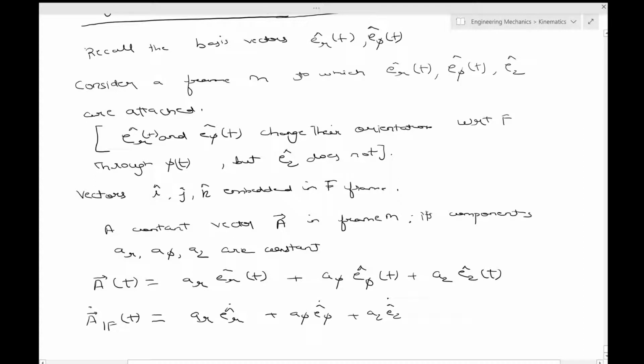Now since e_z is not actually changing with time, this particular term would be equal to 0.